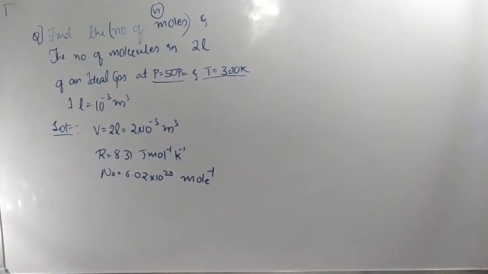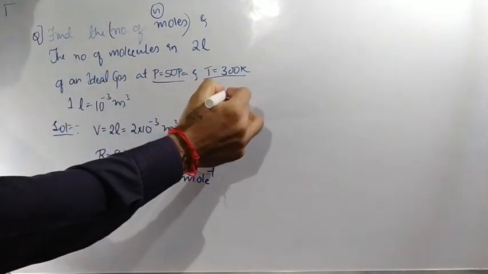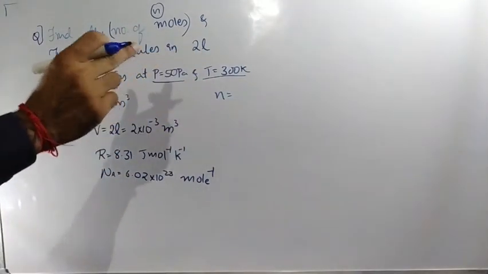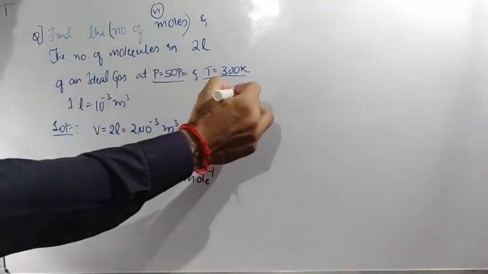Can you think about this one? Simply we can apply the ideal gas equation, which is PV is equal to nRT, and calculate with respect to that. So N value will be equal to what according to that formula? PV is equal to nRT, or N is equal to PV by RT.